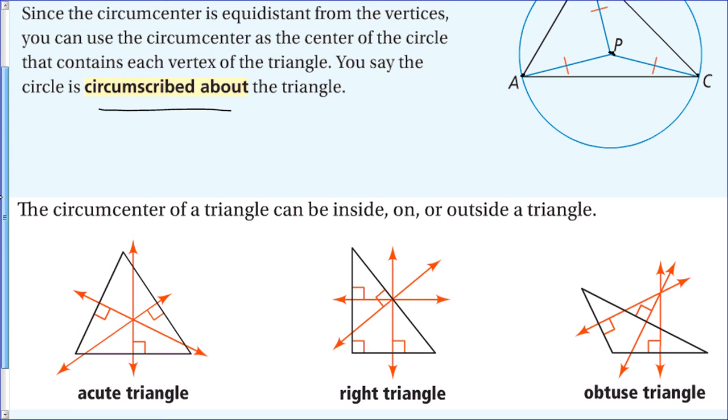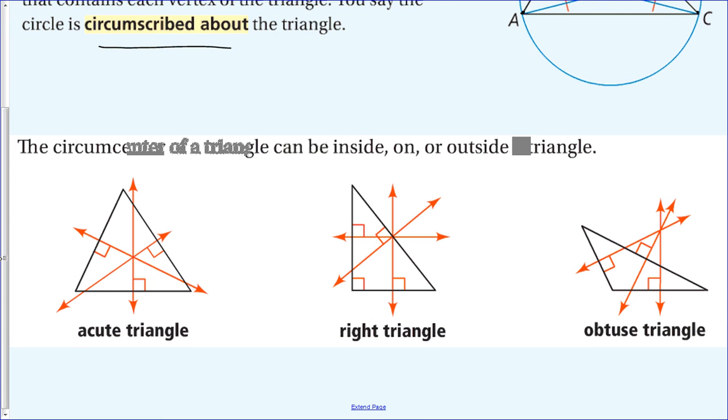Now, there are three different ways that you can get the circumcenter of a triangle. If you have an acute triangle, your circumcenter will always be inside the triangle. If you have a right triangle, it will be on the triangle, and for obtuse triangles, it'll be outside the triangle. So it can be in, on, or outside of the triangle.